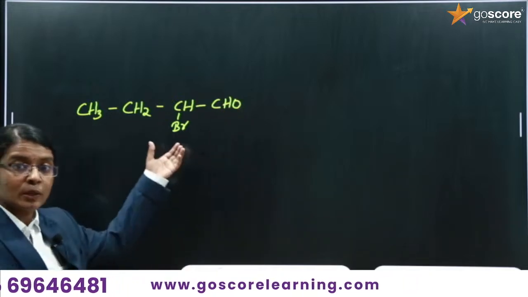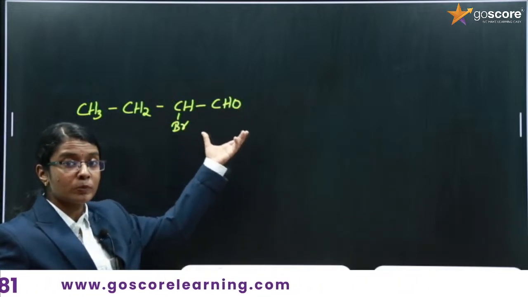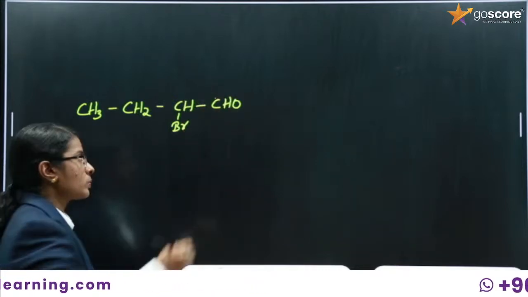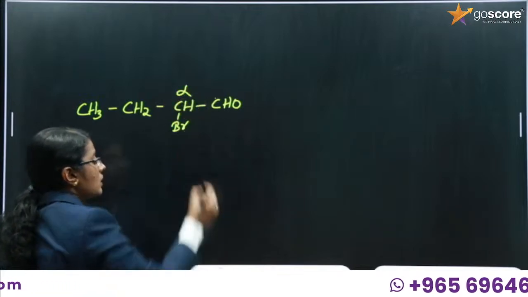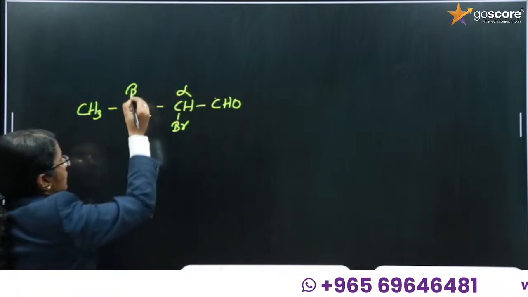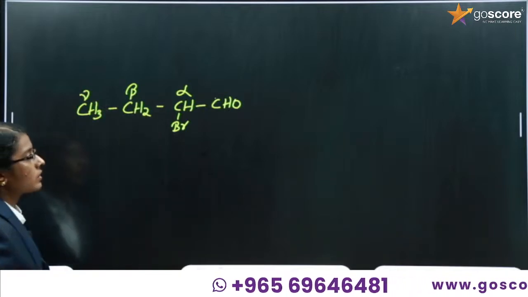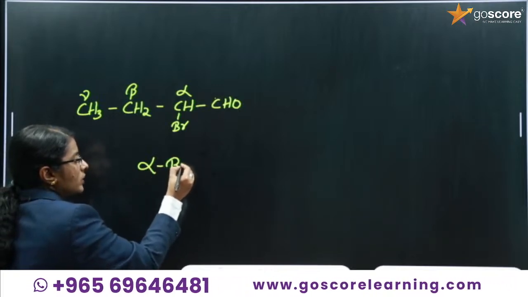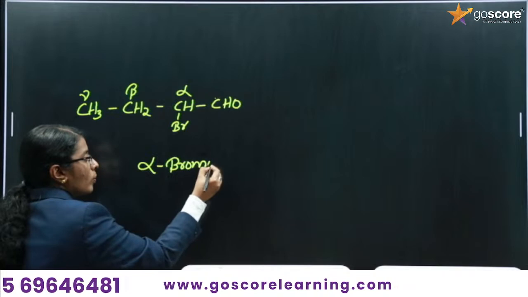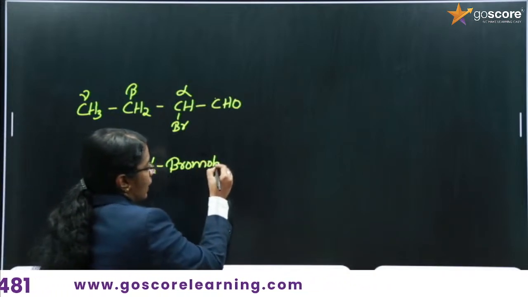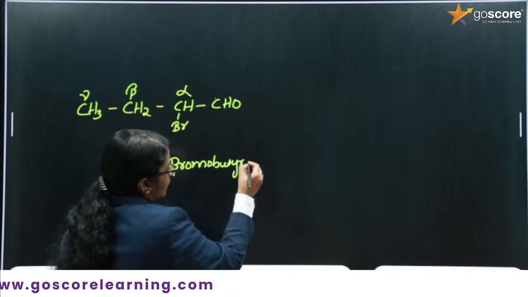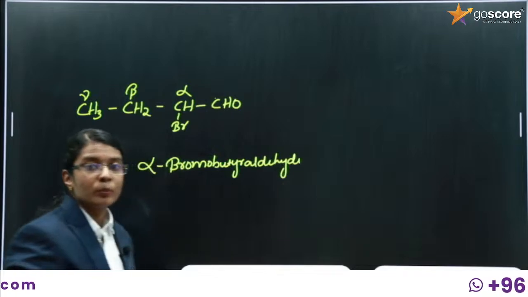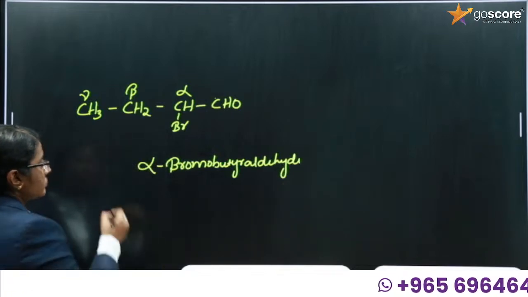In this compound there is a substituent. The numbering should start from the carbon atom adjacent to the CHO group: alpha, beta, and gamma. So the naming will be alpha-bromobutyraldehyde.